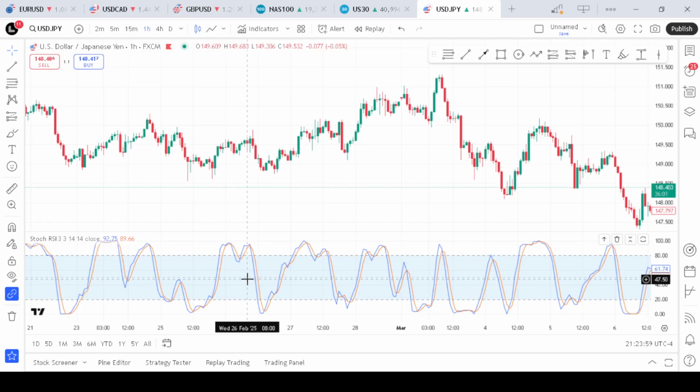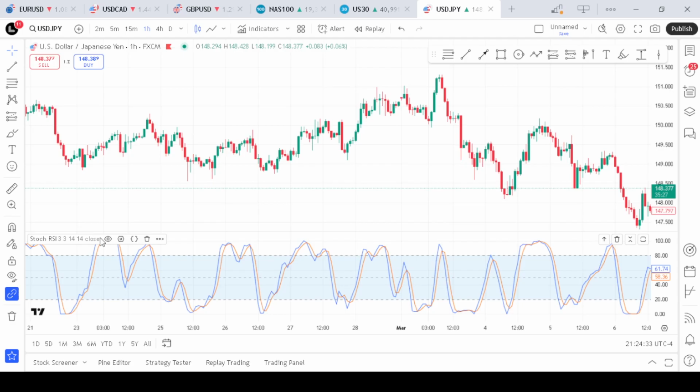This indicator is calculated using a straightforward formula, which is the current RSI minus the lowest RSI, divided by the highest RSI minus the lowest RSI. So I repeat, the stochastic RSI formula is equal to the current RSI minus the lowest RSI, all divided by the highest RSI minus the lowest RSI.